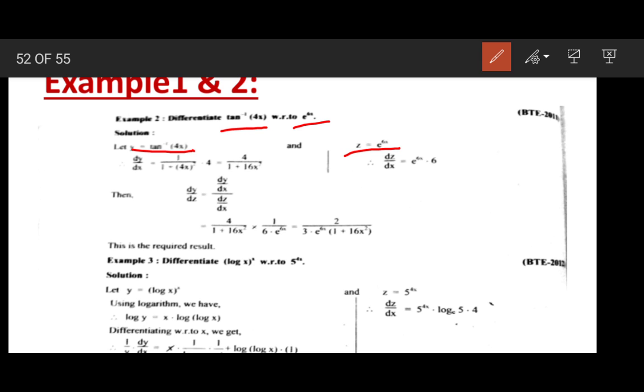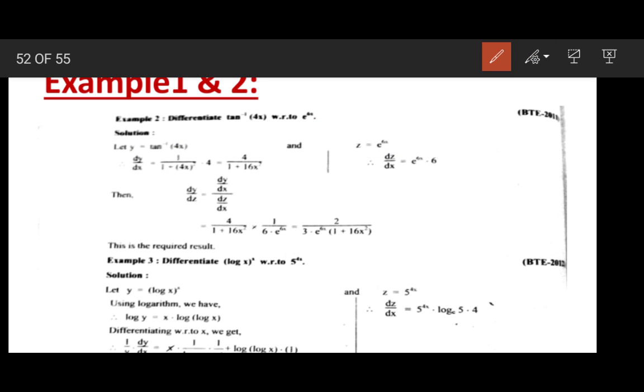So we are interested in finding dy upon dz, but here variable x is given, y and z both are given in terms of x. So it is nothing but a parametric function, both are given in terms of x only.